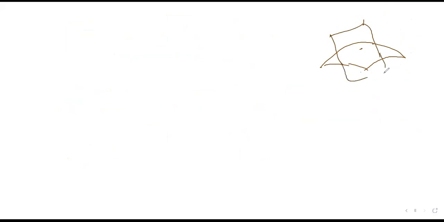There would be a curve which is the intersection of the plane which contains the surface normal. If I take another plane which does not contain the surface normal, but it intersects the surface at this point P, then of course another curve comes out, and it will have its own curvature.